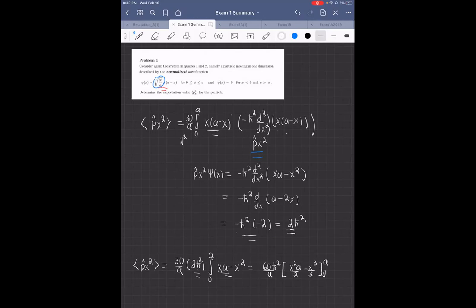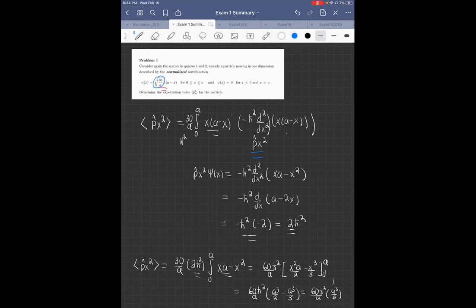So when we take the bounds, we just plug in A and then we plug in 0 and we subtract them. But if we plug in 0, this will just be 0, so we just have to worry about A. This will be 60 h bar squared over A times a squared over 2 minus a cubed over 3, and this will just equal 60 h bar squared over A times a to the third over 6.